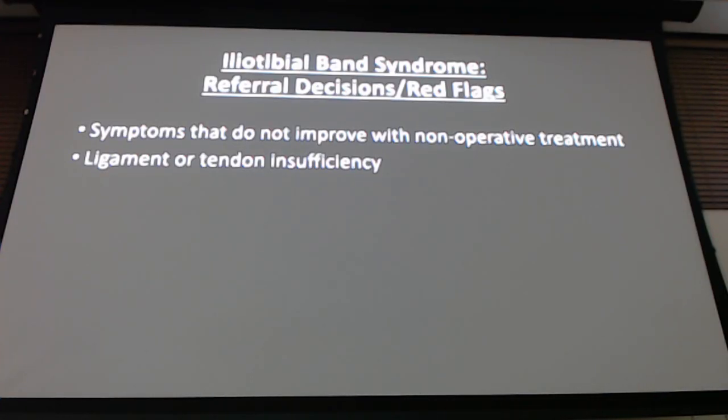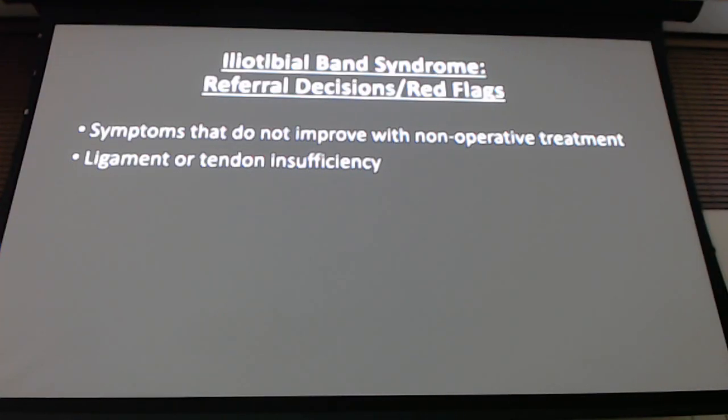So if you are in the course of either your initial assessment or subsequent assessments and monitoring, we call it surveillance, right? You're not spying on them, you're just watching them over time. So you find that they have ligament or tendon insufficiency. Everybody's good with insufficiency. We know what that means. Okay, it's not sufficient.